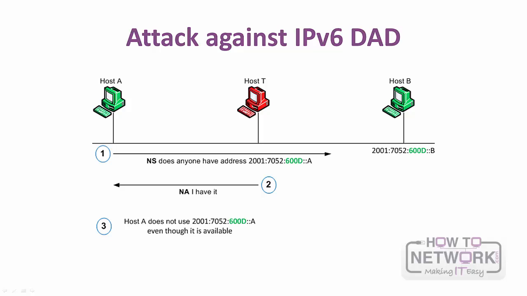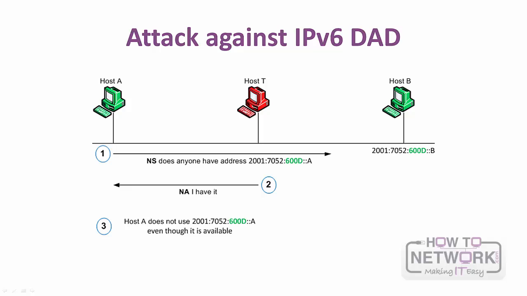When host A sends its NS for 2001:7052:600D::A, host T can then send an NA stating that the address is taken. Step 3.